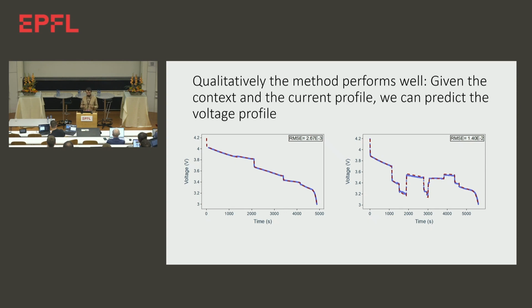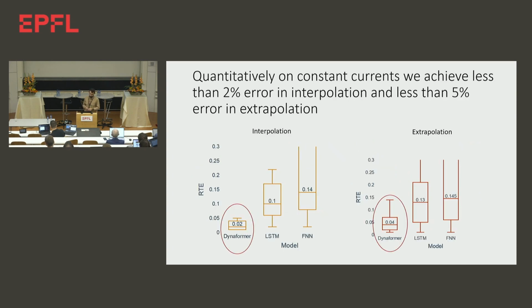So our network is able to learn this mapping from the current, given the condition, to output the voltage. We did some more quantitative analysis, and we compared this method against off-the-shelf baselines, for instance LSTM and FNN. We could not use the off-the-shelf version of the transformer because of the memory complexity issue I was mentioning before, so you could not train it.